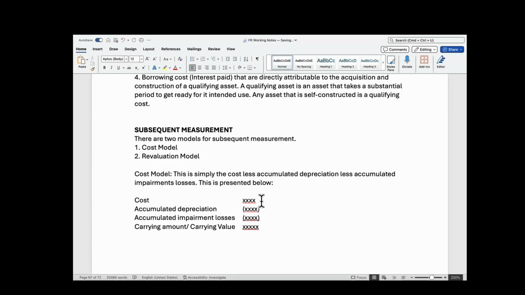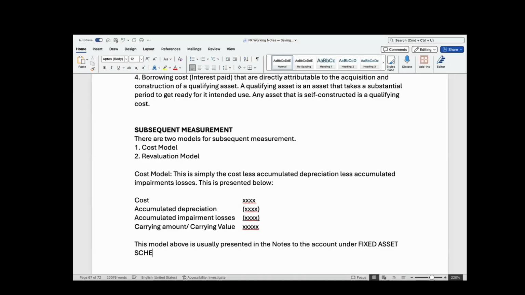But I really need you to understand that this model above is usually presented in the notes to the accounts, under what we call the fixed asset schedule.